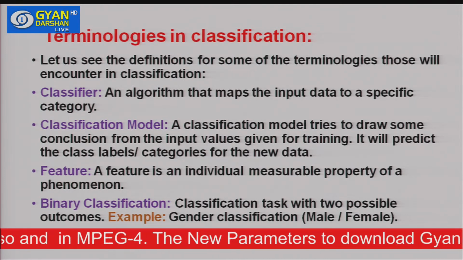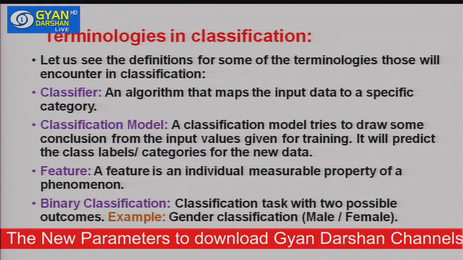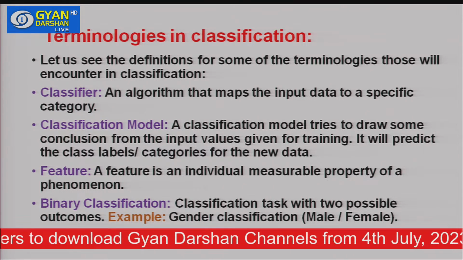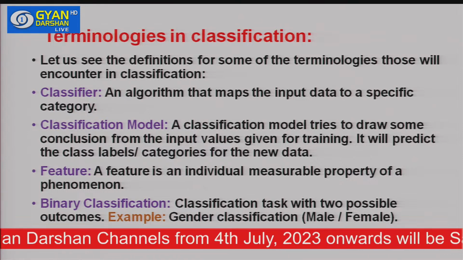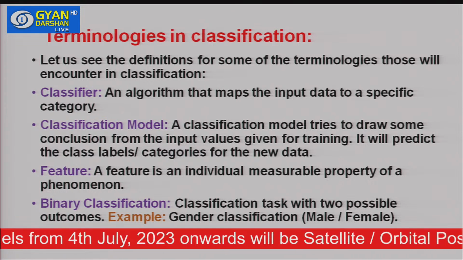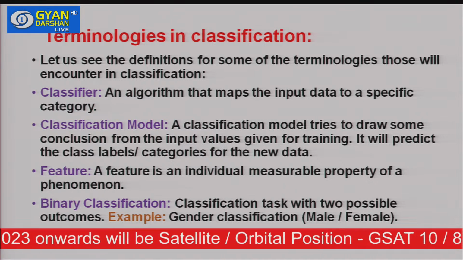So we use a classifier, which is basically some kind of algorithm which is going to map the input data to specific categories, right? We have a classification model which tries to draw some kind of conclusion from the input values given for the training data set, and based on that it will predict the class label categories for the new data.